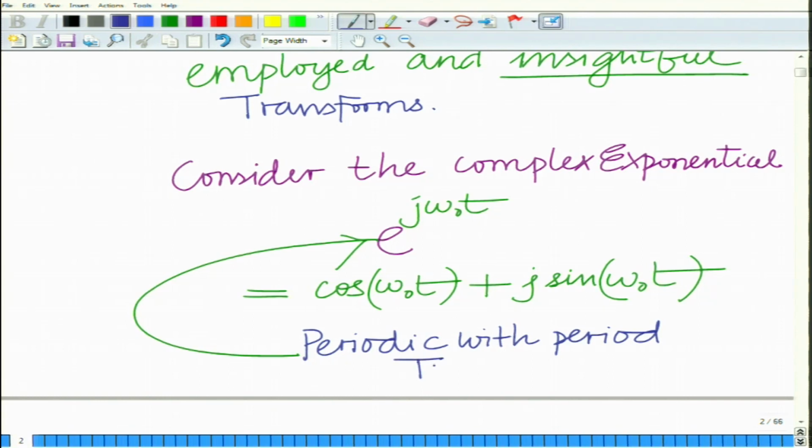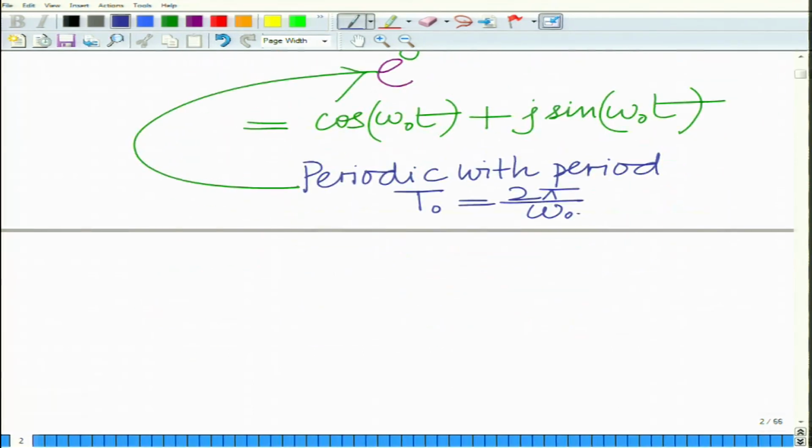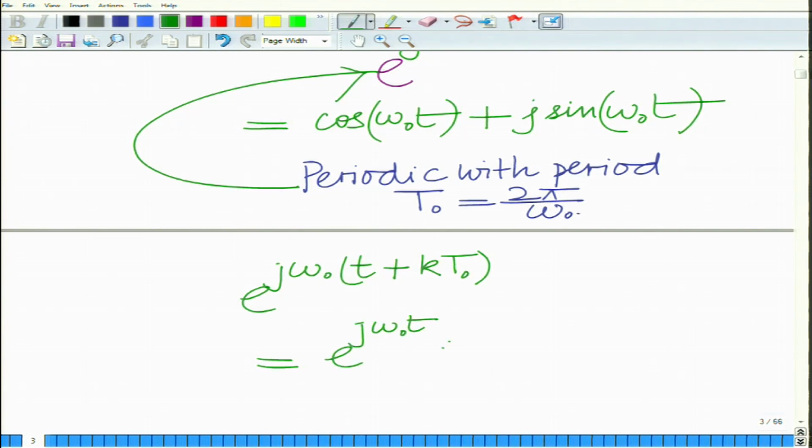T naught equals 2 pi over omega naught, okay, and this can be seen as follows. For instance, if you consider e raised to j omega naught times t plus k T naught, this is equal to e raised to j omega naught t plus j omega naught k times T naught, where T naught is 2 pi by omega naught.